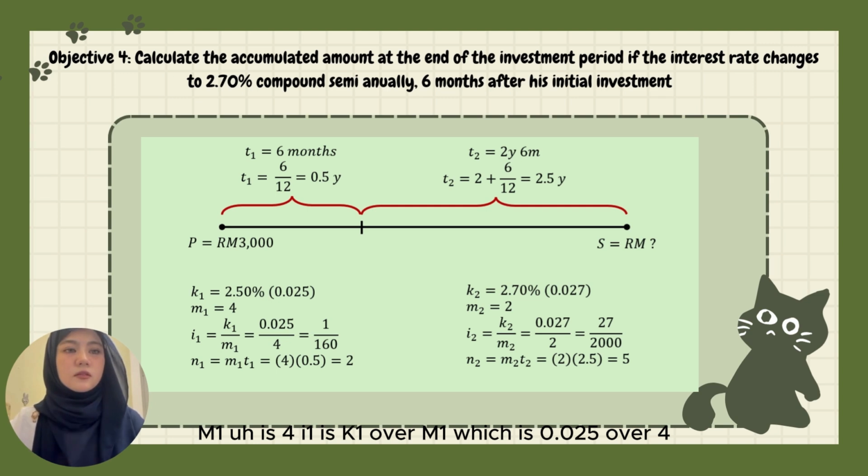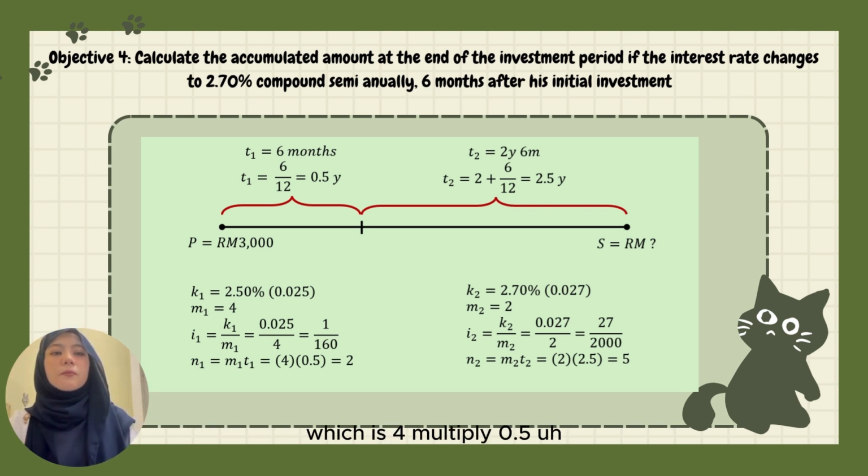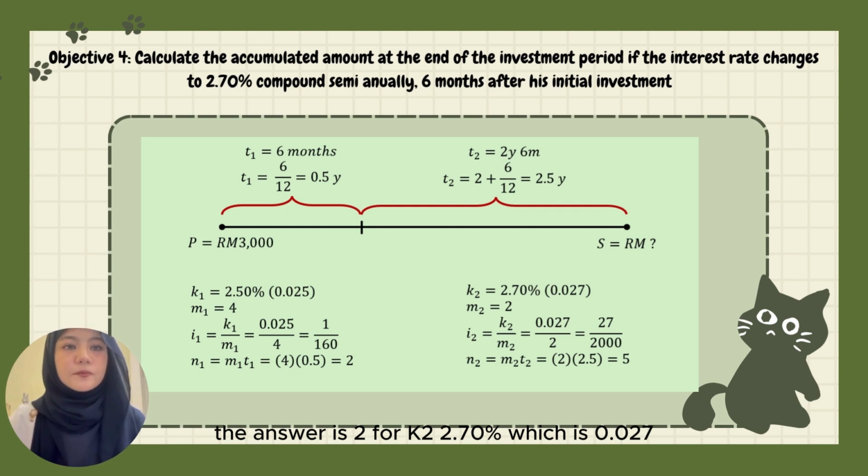M1 is 4. I1 is K1 over M1, which is 0.025 over 4. The answer is 1 over 160. N1 equal to M1 multiply T1, which is 4 multiply 0.5. The answer is 2.